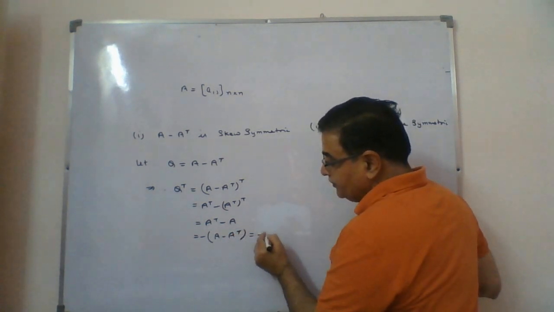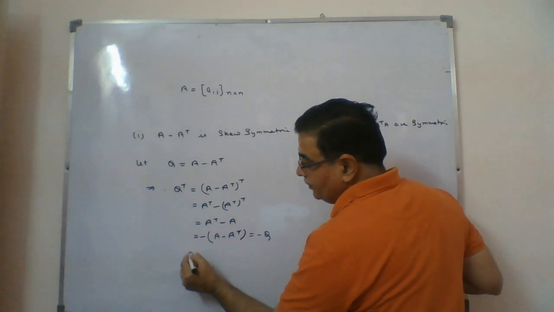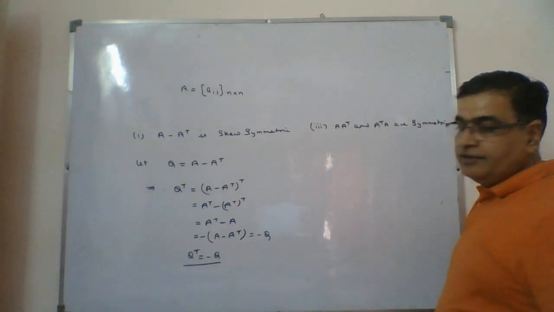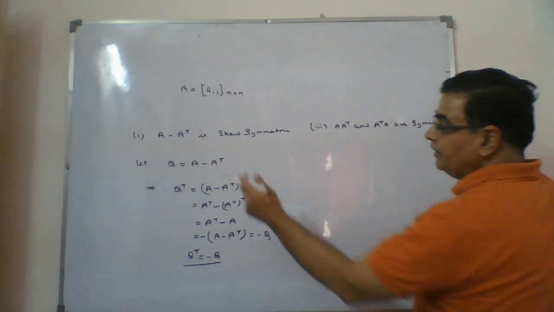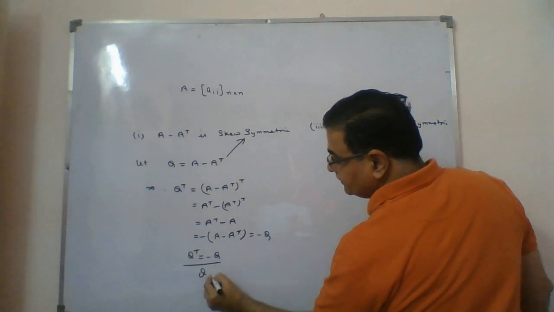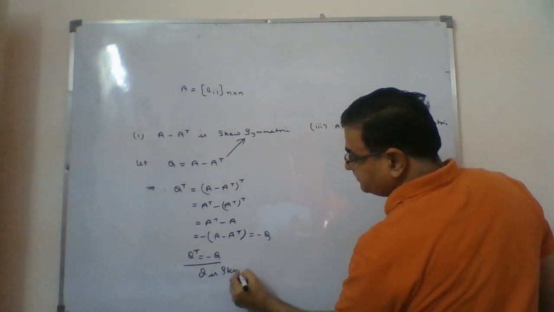Is it your minus Q? Yes. So I got Q transpose is equal to minus Q. What does that indicate? This indicates Q is skew symmetric. Hence, Q is skew symmetric.